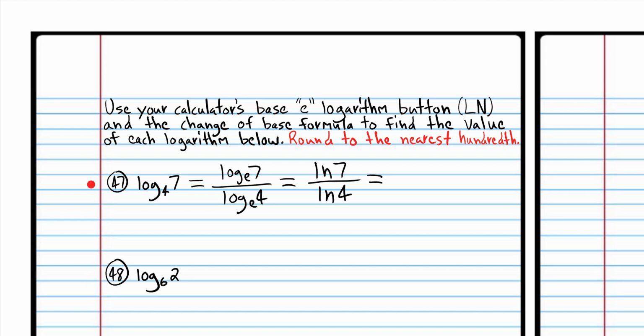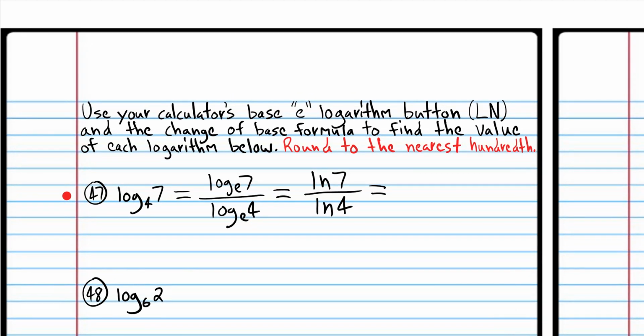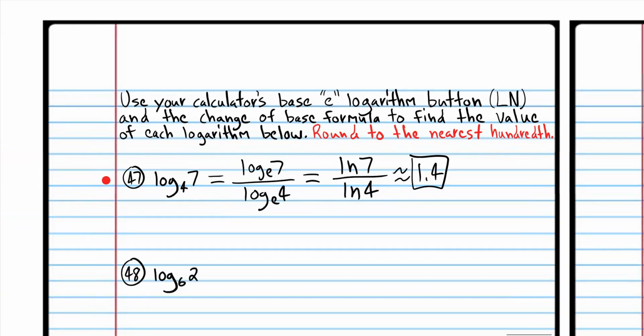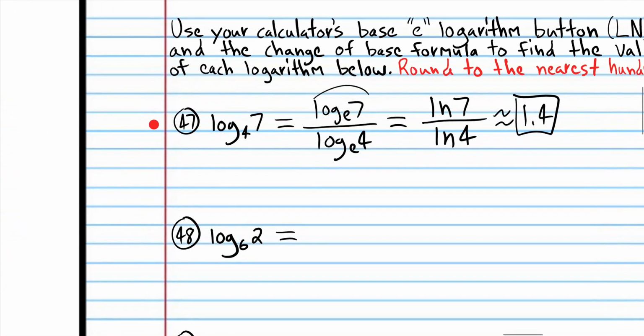And we get approximately 1.403, and it says round to the nearest hundredth. So I can just round to 1.4. Okay, so let's try it again. But this time we don't have to write this step.